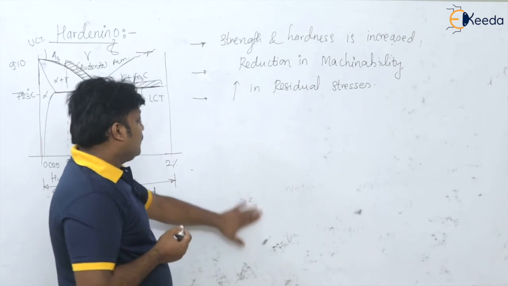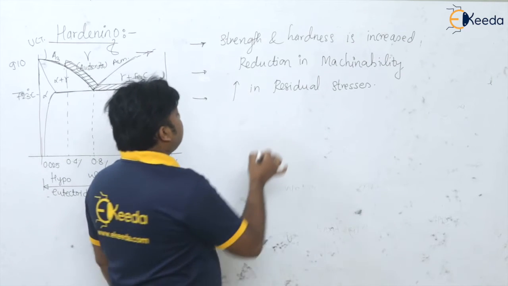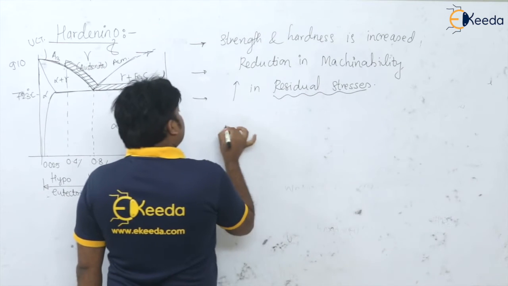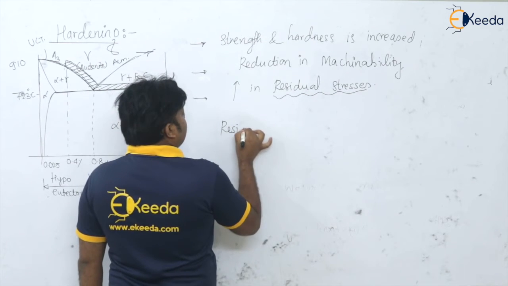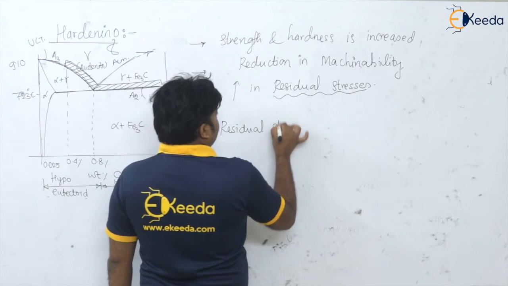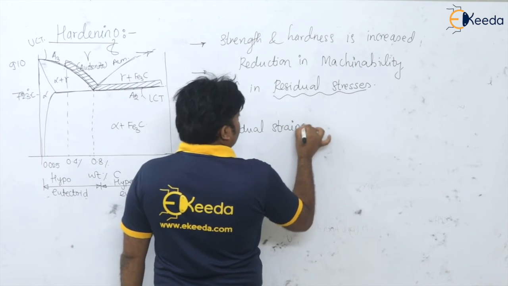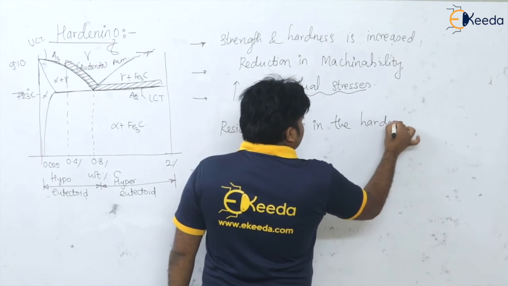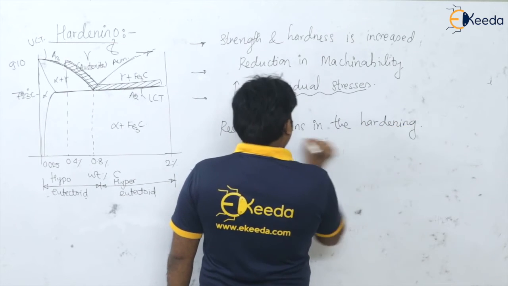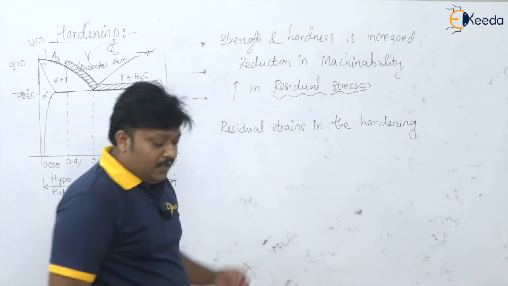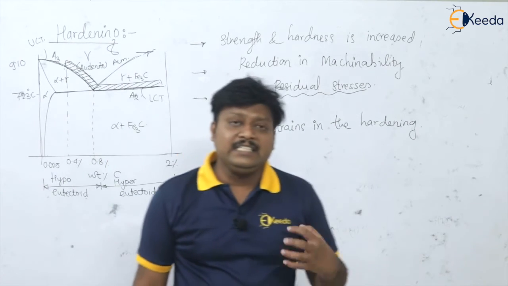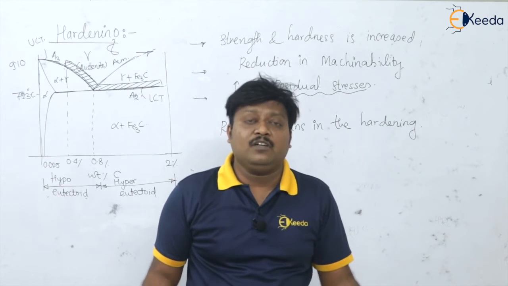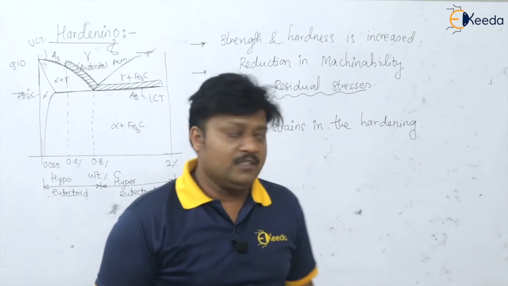Now see here, we have these residual stresses, or I can say residual strains, in the hardening. What is the reason? So basically see, we are heating the steel in the austenitic region and directly quenching, which means we are taking it to room temperature.